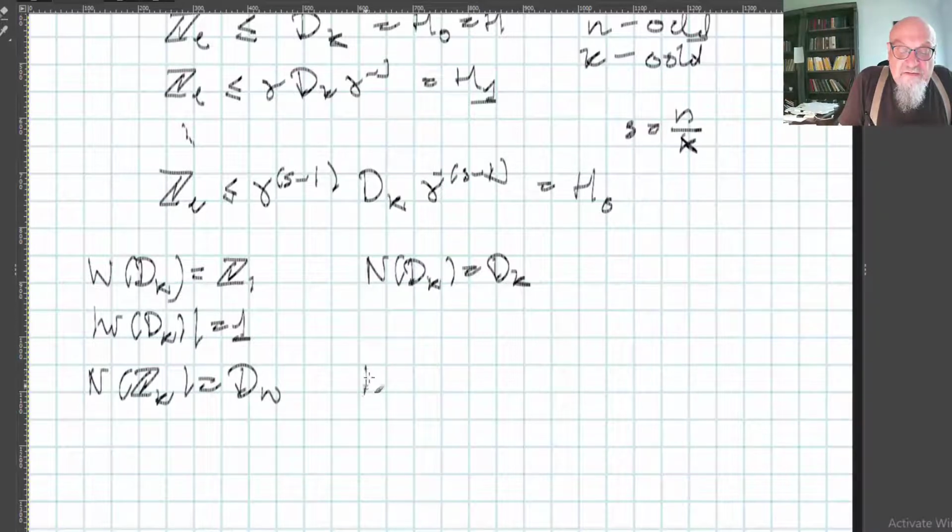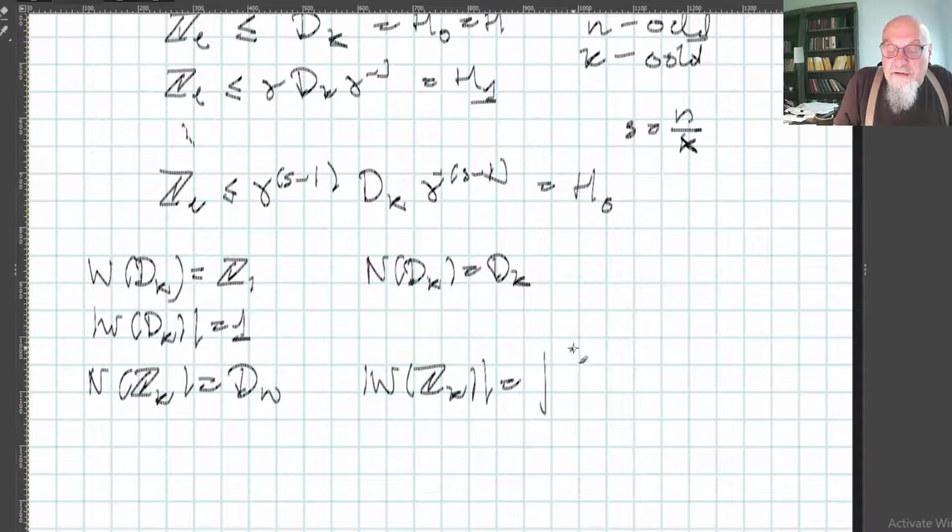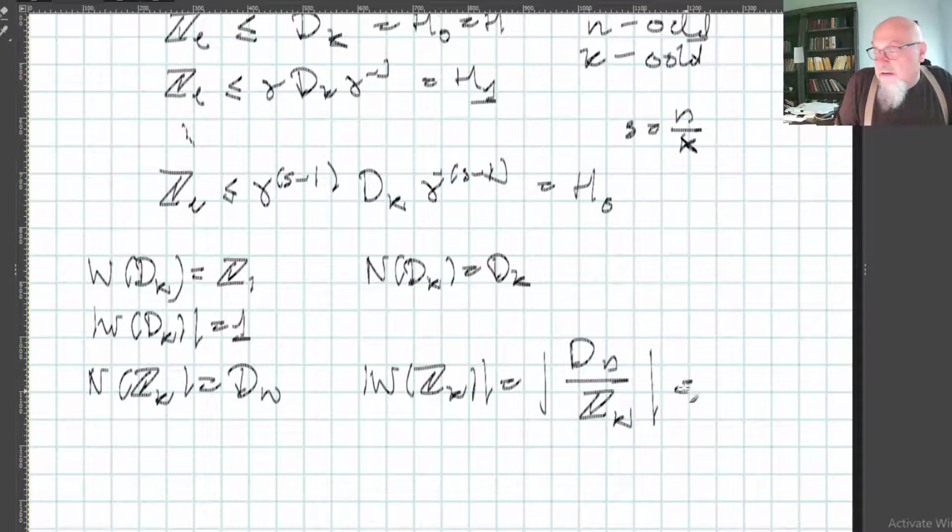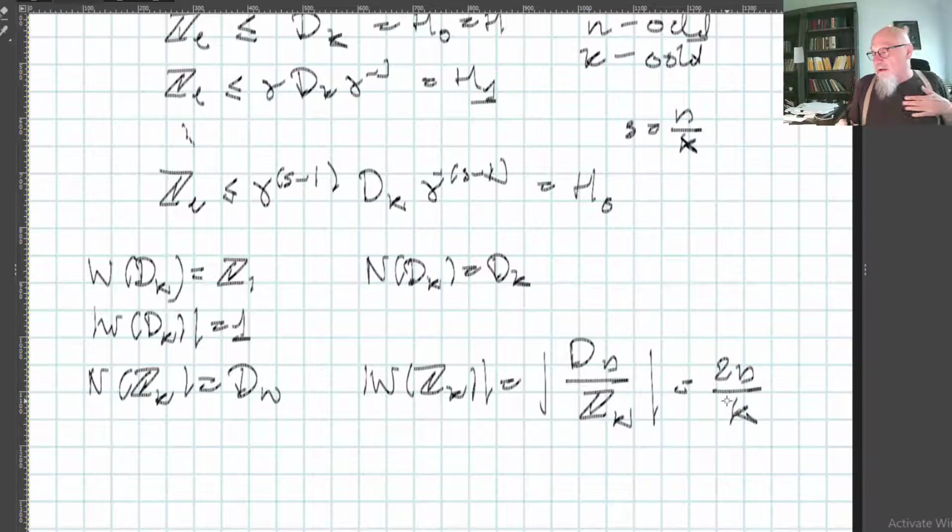So in such a case, the Weil group of Zk is exactly Dn divided by Zk, and this gives me how many elements are here. So this is 2n divided by k. Okay, I got the Weil group.